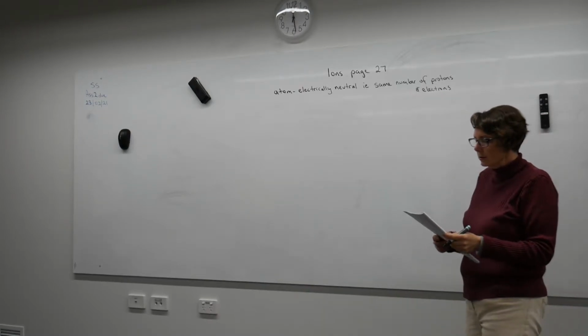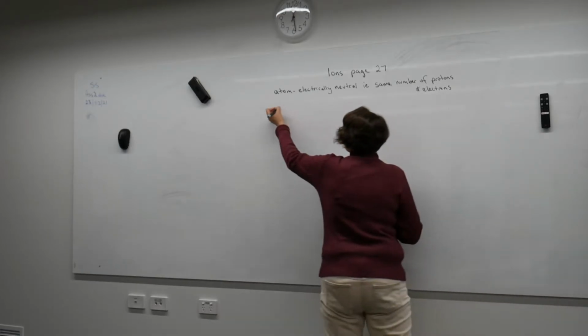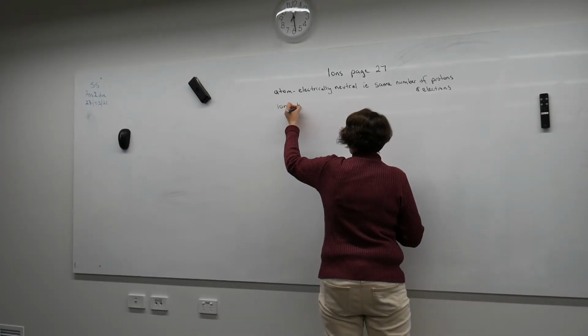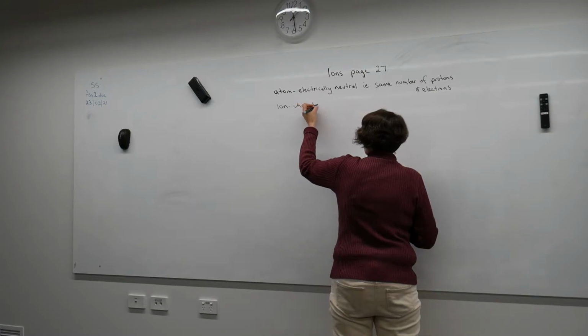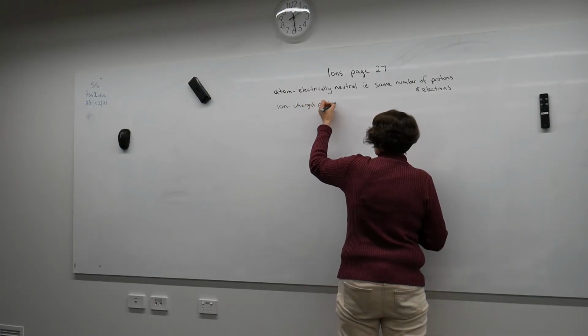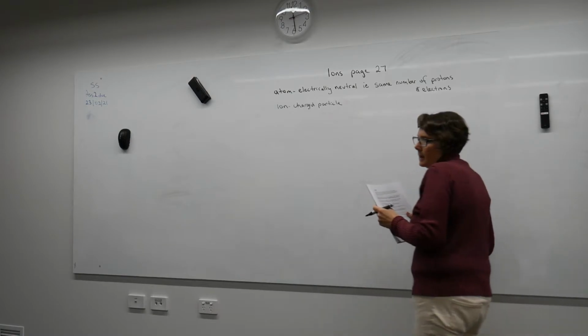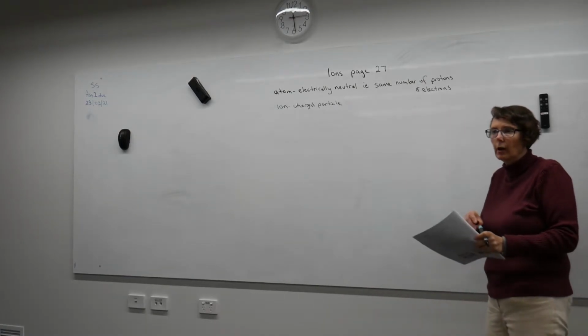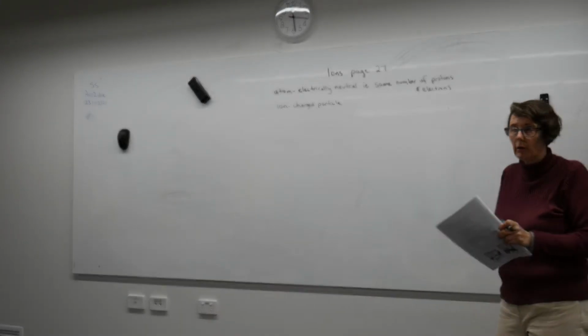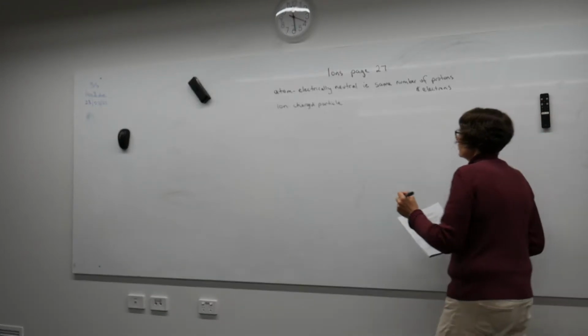But an ion is a charged particle where they no longer have the same number of protons and electrons.